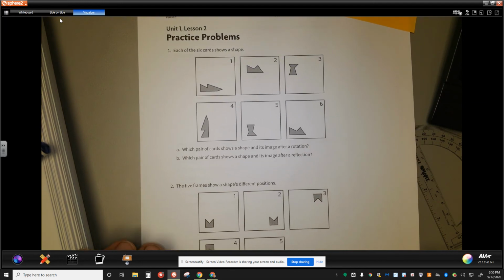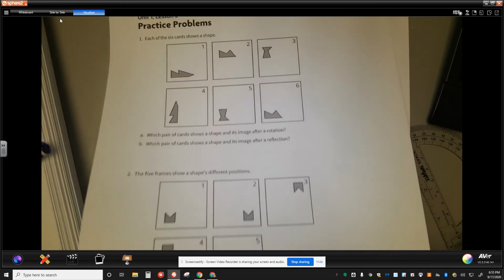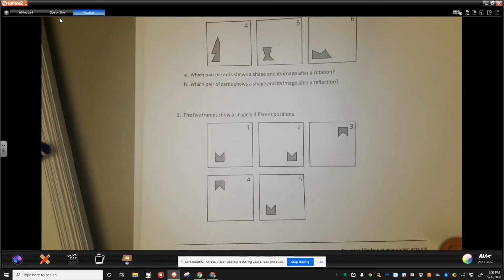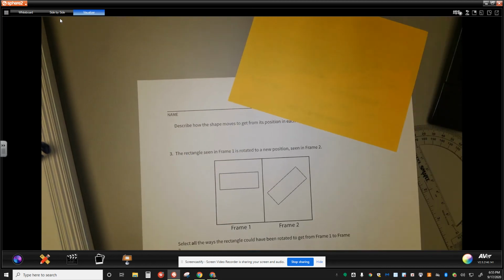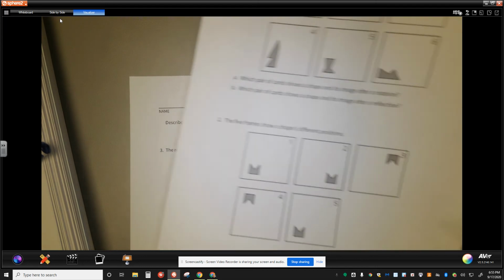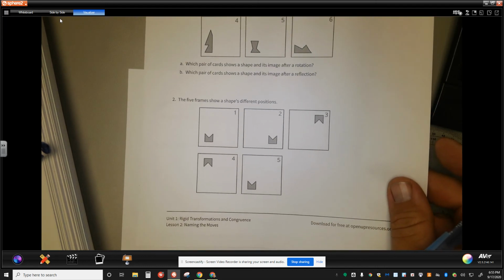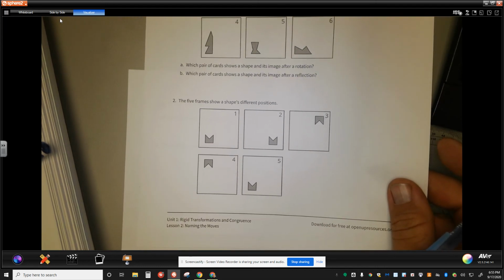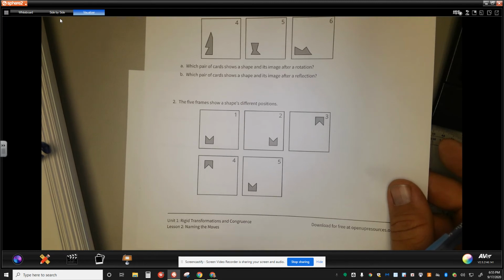The next thing I need to do with this, problem 2, is describe how that shape moves from each position to the next frame. In this one, I'm looking for precise language now, where you're talking about rotating a certain number of degrees and a direction. So we call that magnitude and direction.